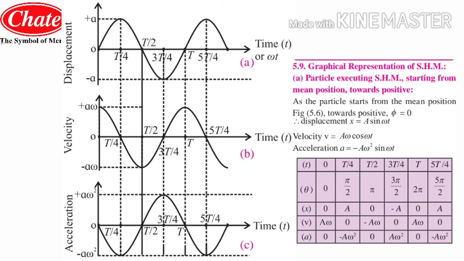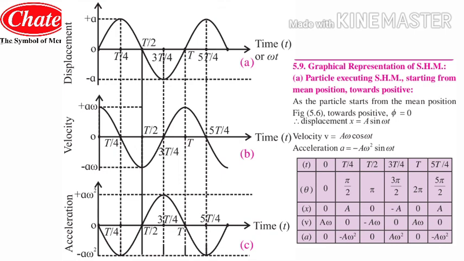Again if we put the value of pi, then you will get the value of acceleration 0. So again the graph will be going towards the x-axis, meaning towards the point over the x-axis, which will be 0. Then again you put the value of 3 pi by 2, which means 270 degrees. Then you will get the positive extreme position, that is a omega square.